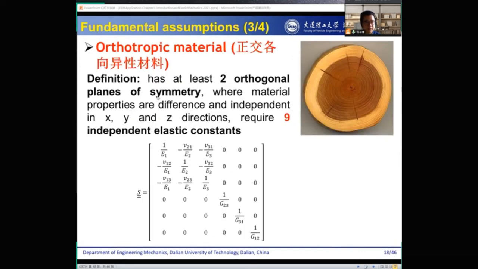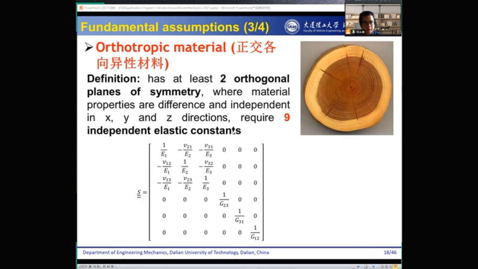The example here is more complicated than the isotropic material. It is the orthotropic material. The orthotropic material has at least two orthogonal planes of symmetry, and the material properties are different and independent in the x, y, and z directions, and it requires 9 independent elastic constants.